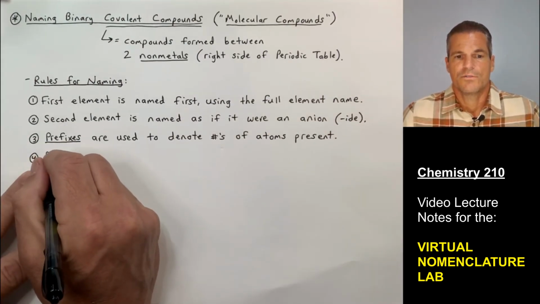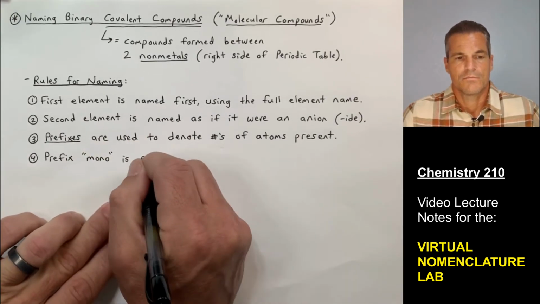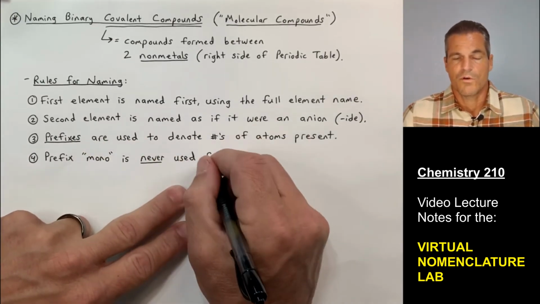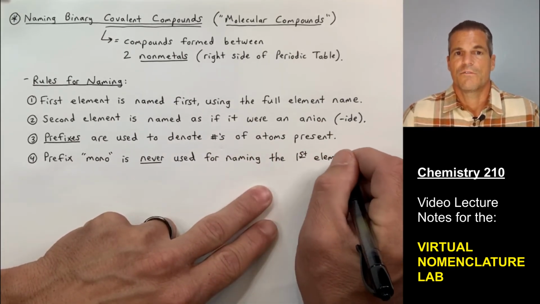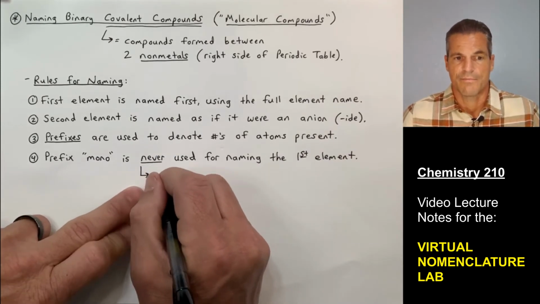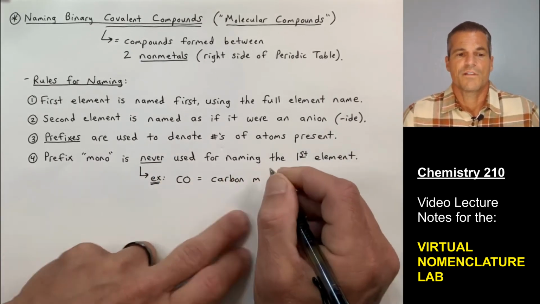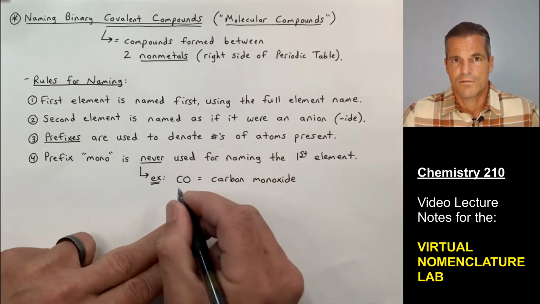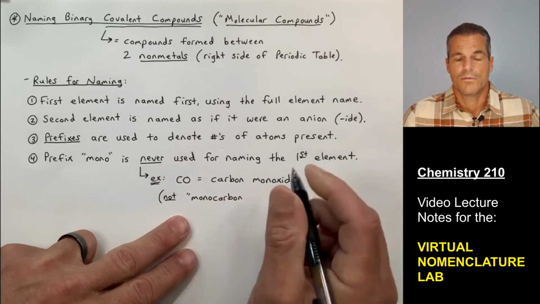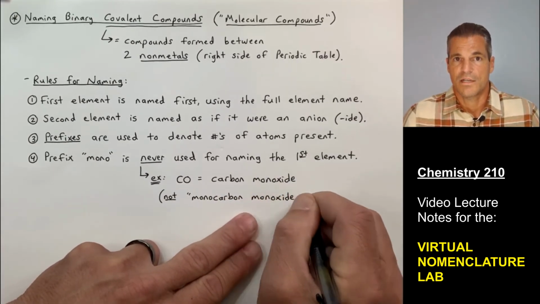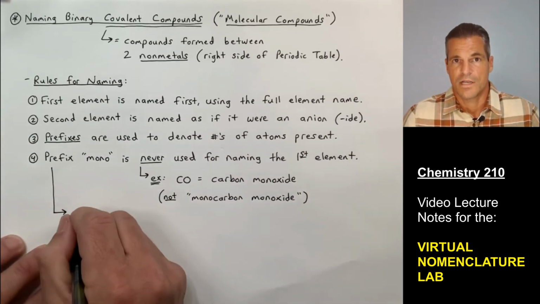Prefixes are used to denote numbers of atoms present. Remember, no prefixes were used before when naming ionic compounds. Prefixes are for covalent or molecular compounds. Rule number 4, the prefix mono is never used for naming the first element. So as an example, CO. This is carbon monoxide. It is not monocarbon monoxide.